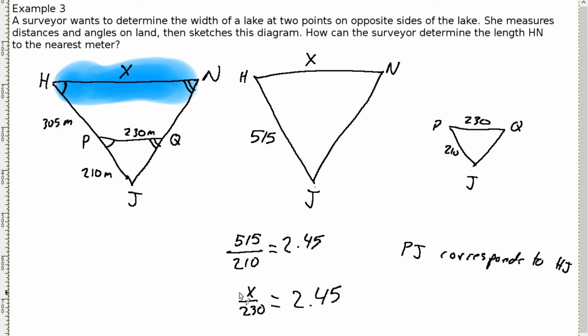Use some algebra, multiply both sides by 230, and we end up getting x equals 564.